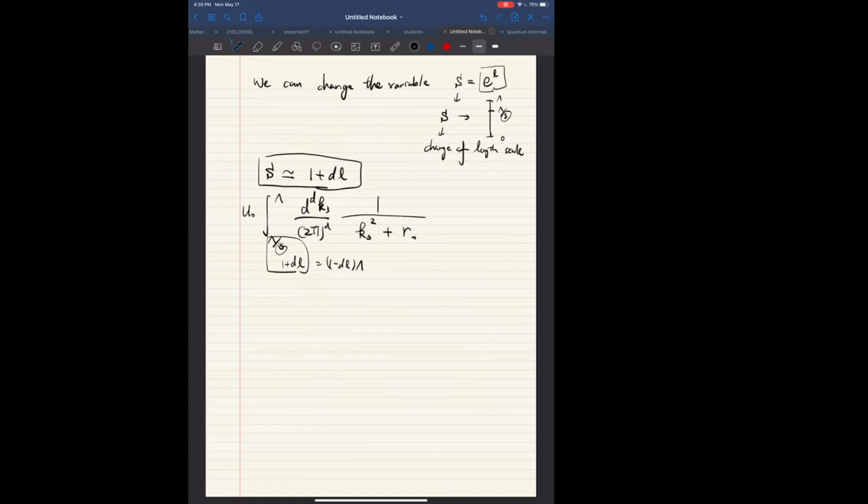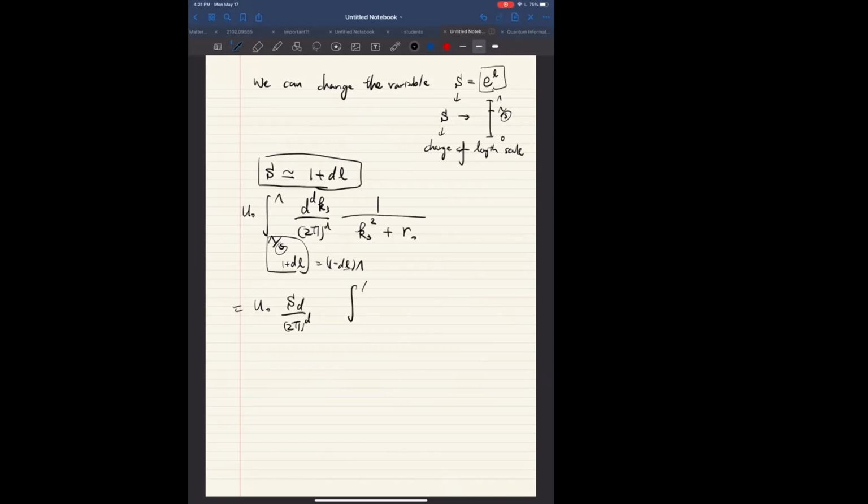Since it's a small interval, and the system is translation and rotation invariant, we can replace this by a solid angle integration, which we put as S_d over 2 pi to the d as well.